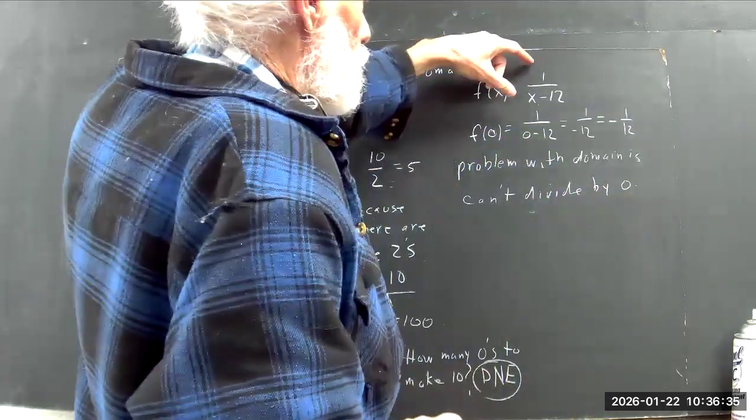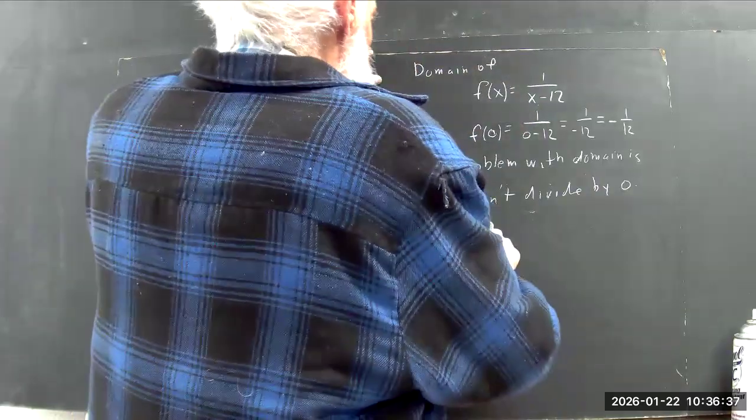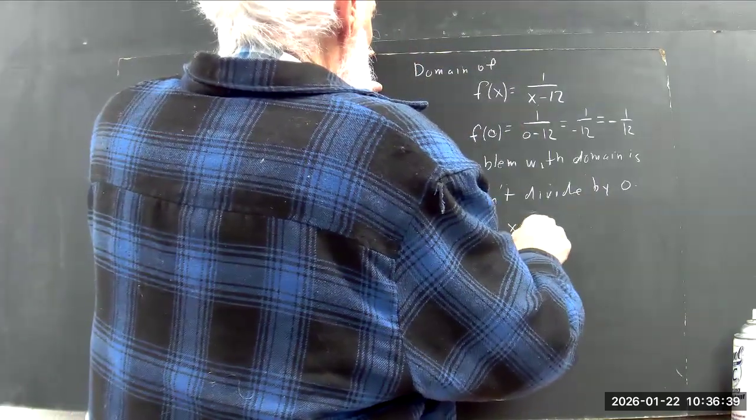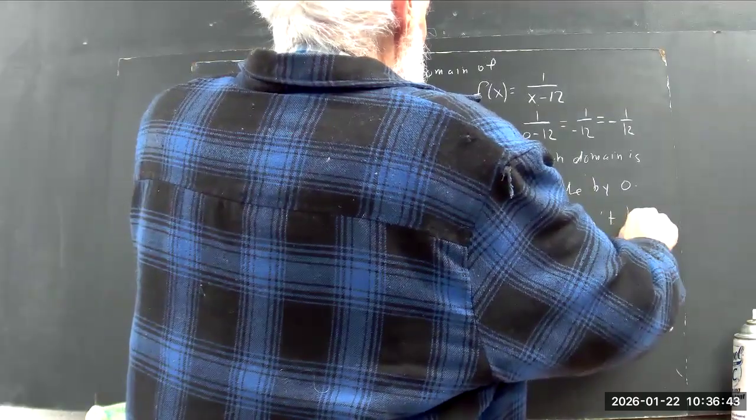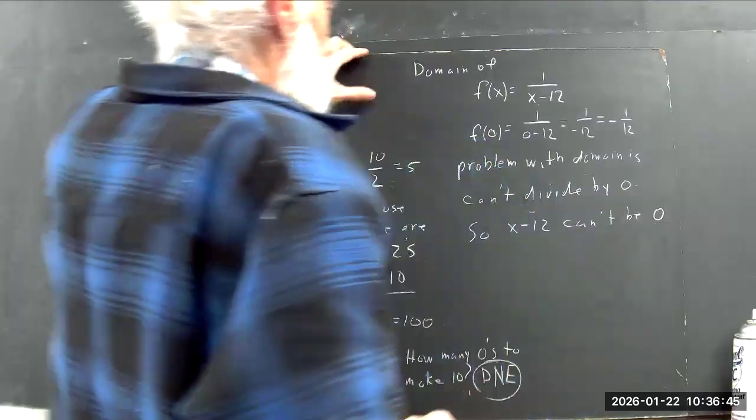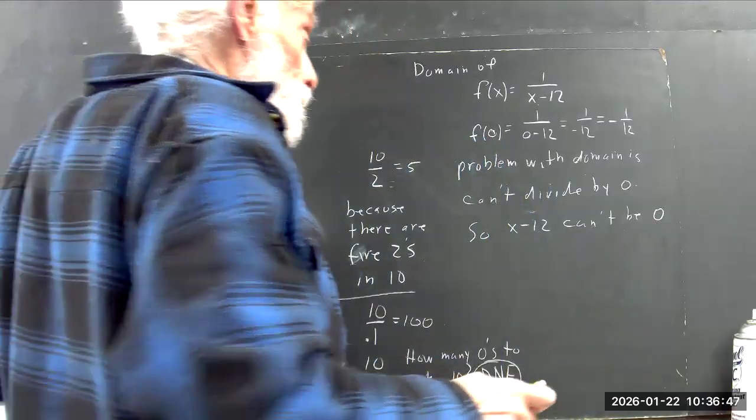So if you have 1 over x minus 12, x minus 12 can't be 0.